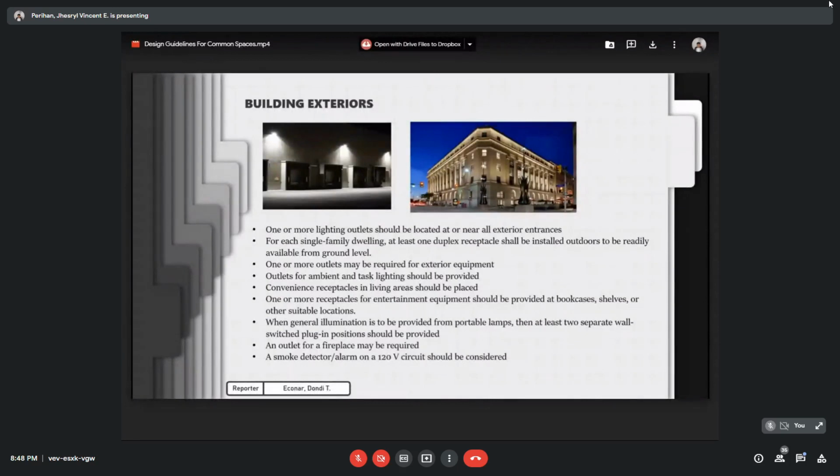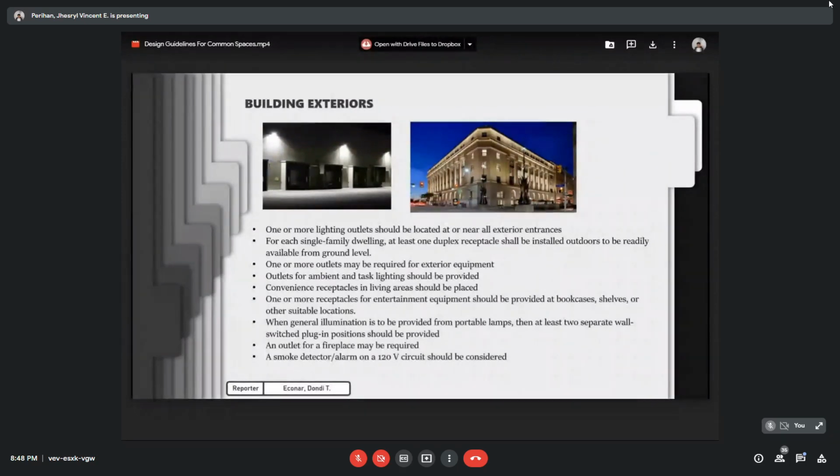For each single-family dwelling, at least one duplex receptacle should be installed outdoors to be readily available from ground level. One or more outlets may be required for exterior equipment. Outlets for ambient and task lighting should be provided.